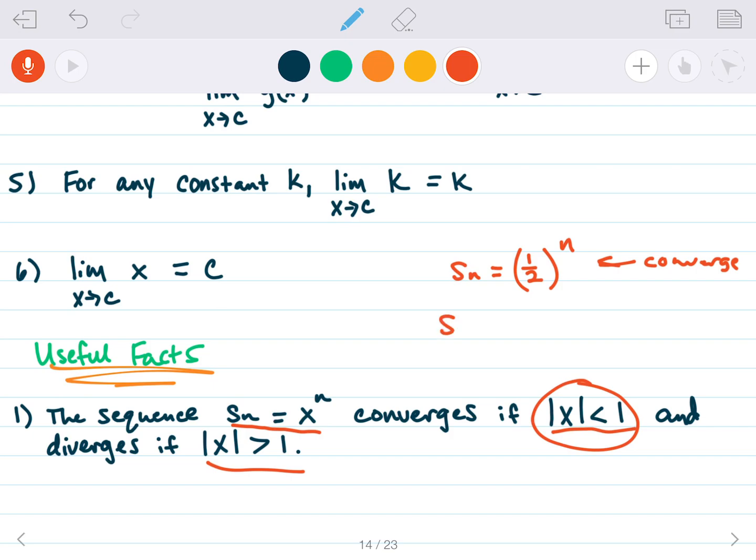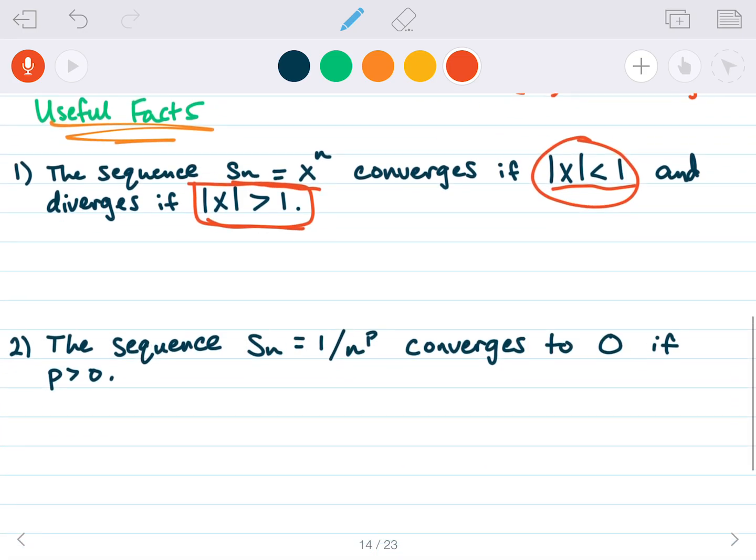On the other hand, if we have 2 to the n, this is going to diverge. This is going to get really, really big without bound as n goes to infinity. And that's by the second part of the useful fact. Okay? So that's the first fact.